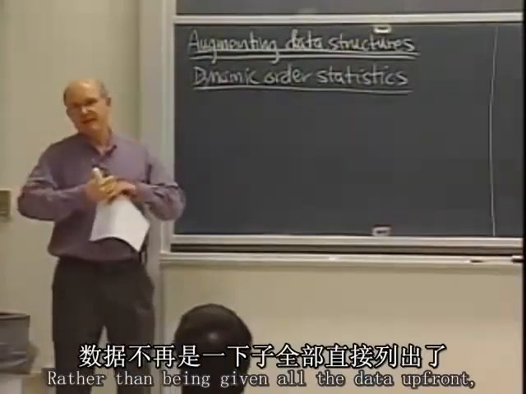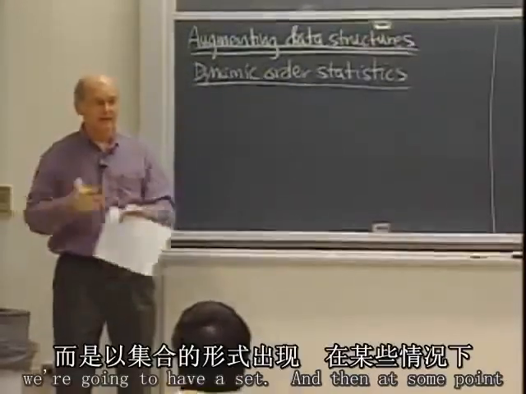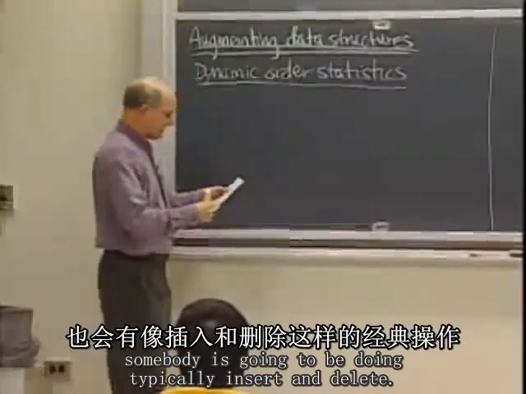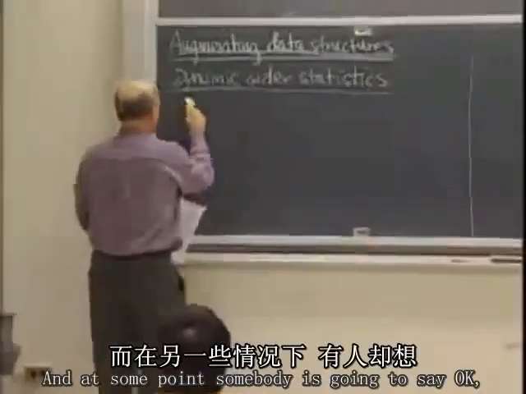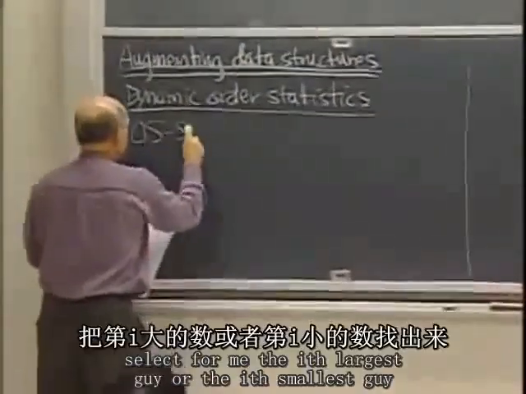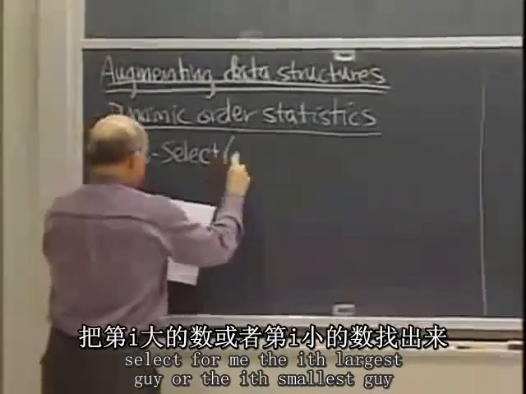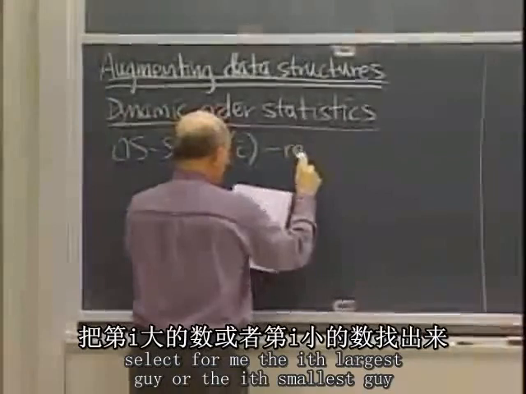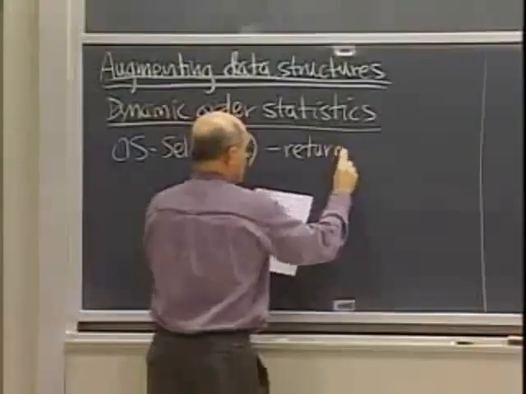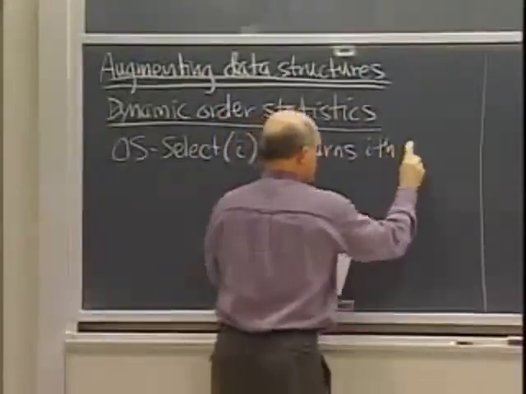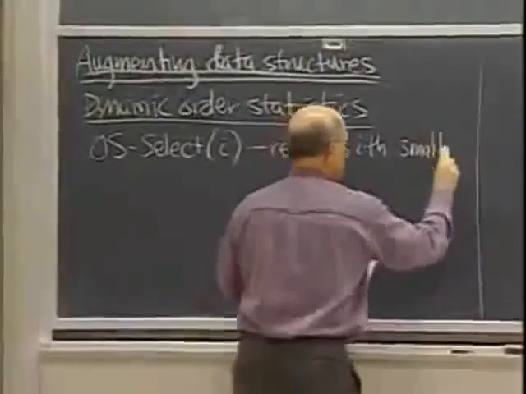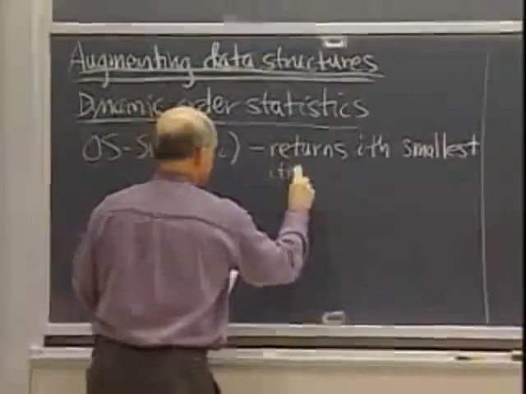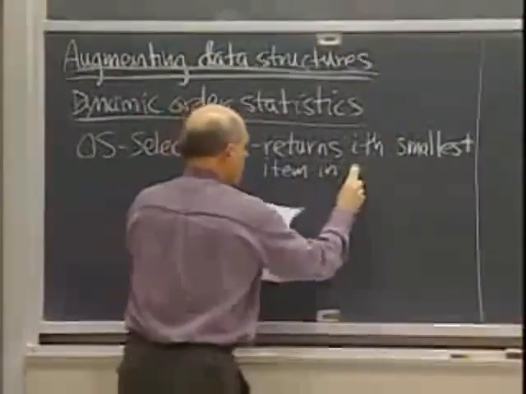Rather than being given all the data up front, we're going to have a set, and then somebody is typically going to insert and delete, and at some point somebody's going to say, select for me the ith largest, or ith smallest, element in the dynamic set.